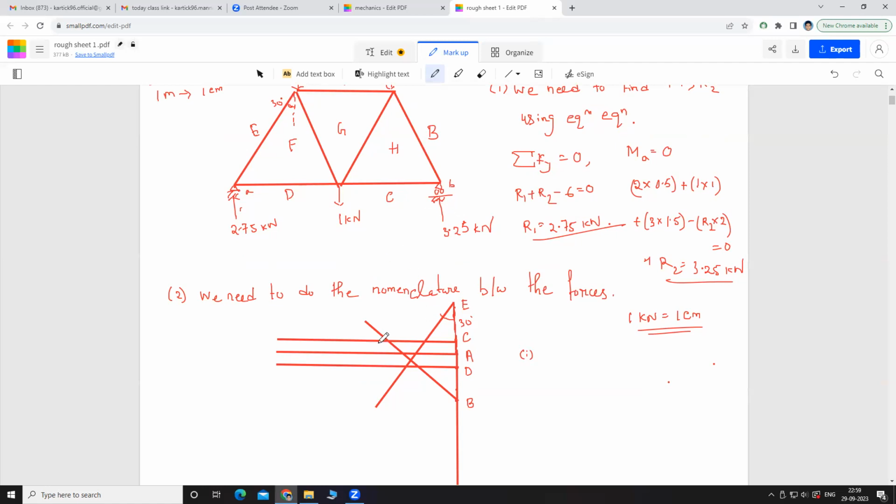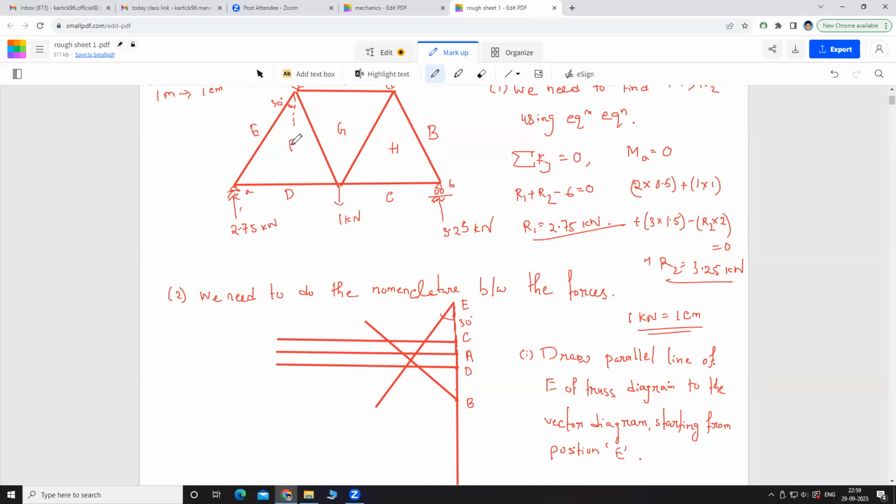And for this one, what we can do, draw a parallel line of E of the trace diagram to the vector diagram, starting from position E.